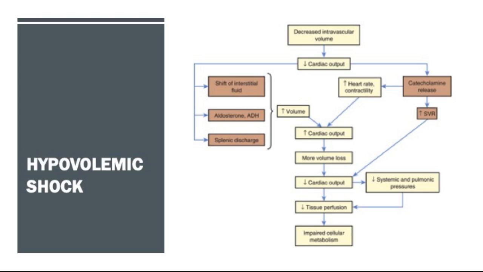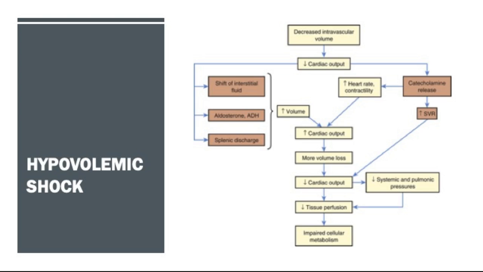Now, this increase in volume and heart rate will increase the blood volume returning to your heart, increasing your cardiac output. Now, this might work momentarily, but then you lose more volume, which again decreases that cardiac output.